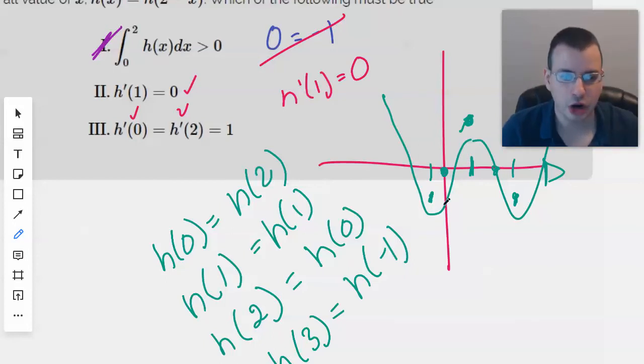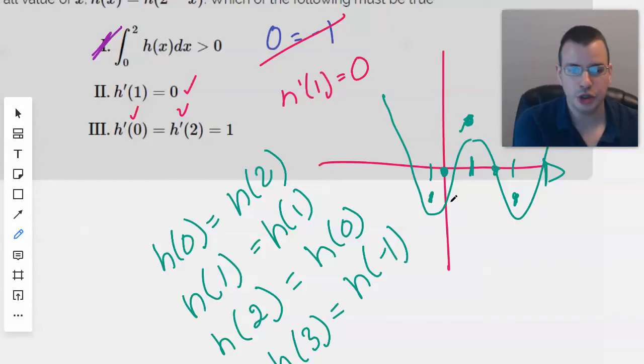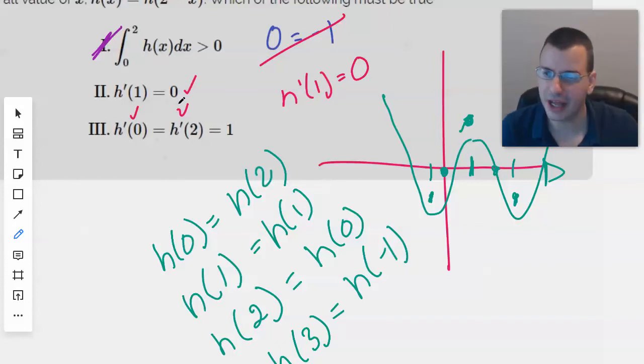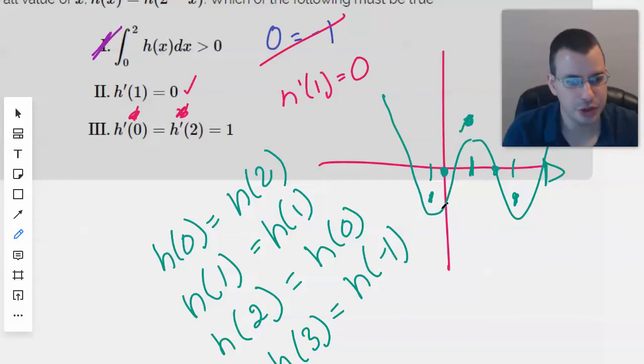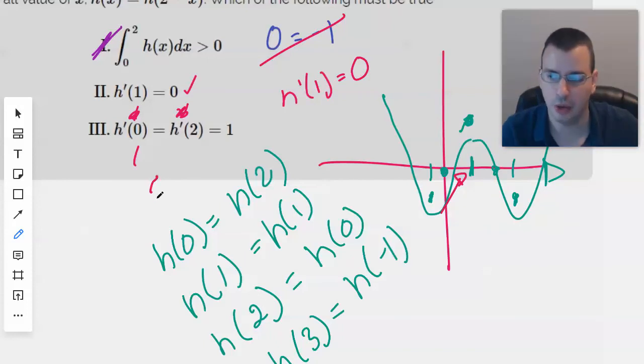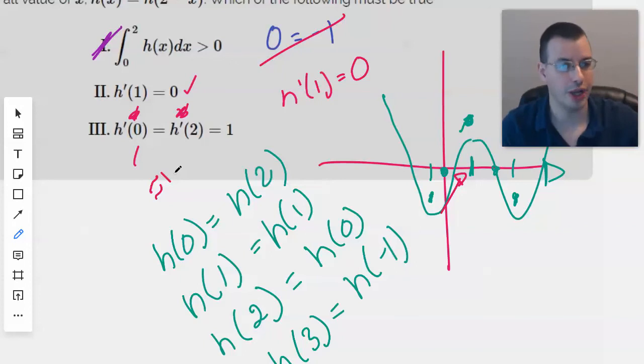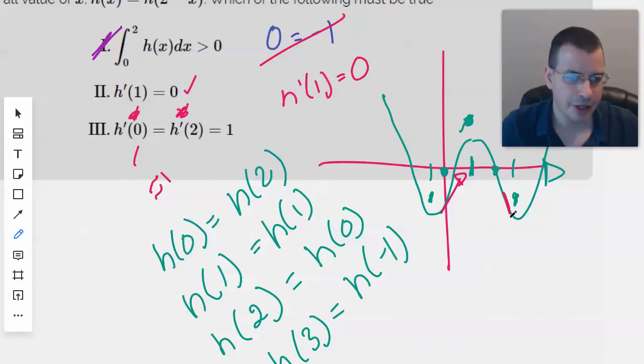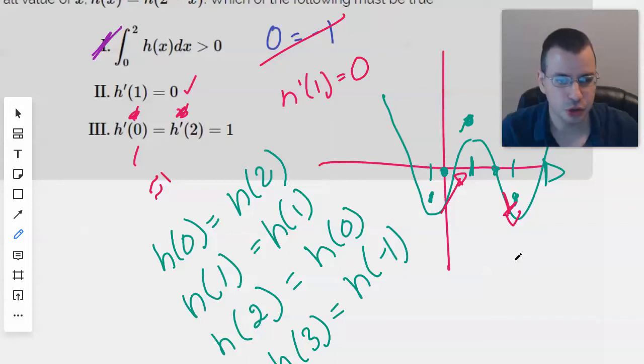Just looking at our graph, that might not actually be true with the derivatives. You look at our graph that we drew here, and h prime of 0 looks like about 1, based on just our random graph. But h prime of 2 looks like negative 1.